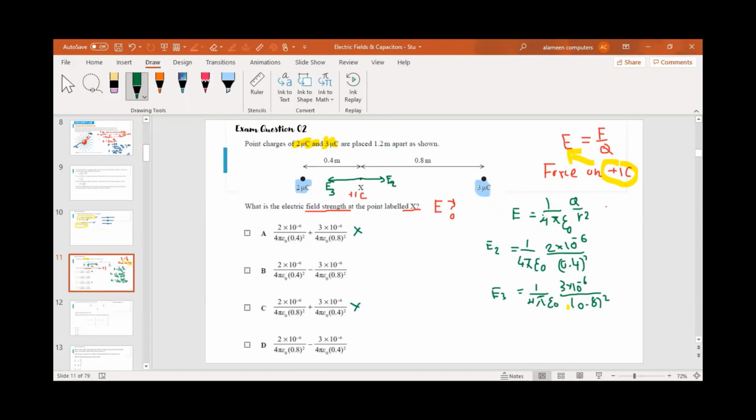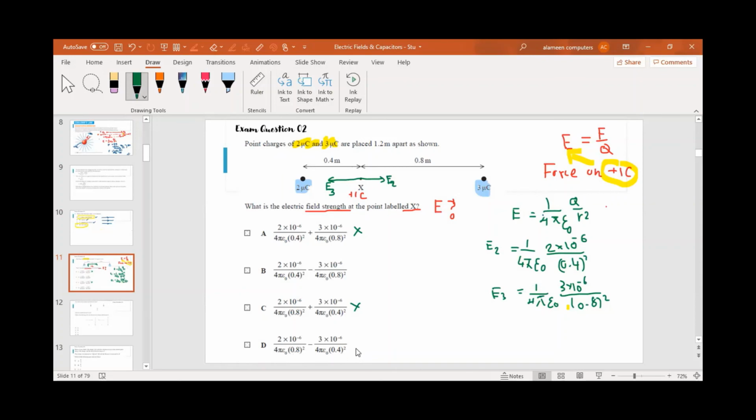So A and C are out. So it should be either B or D. This is an MCQ question. If you're going to do the calculations, it takes time, so let's see whether we can figure out the answer without doing a calculation. 2 and 0.4 should be together. 3 and 0.8 should be together. Take D: 2 and 0.8 are together.